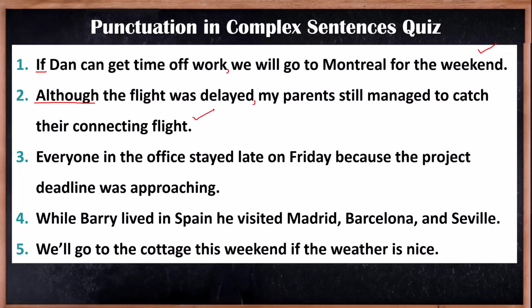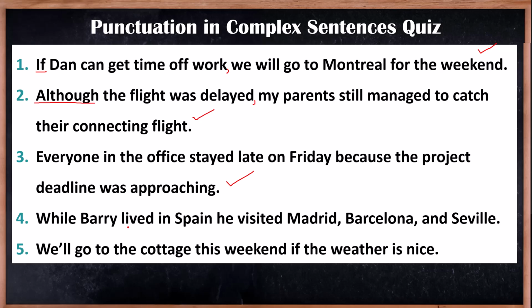And now it's correct. Number 3, everyone in the office stayed late on Friday. Well, that is an independent clause. The dependent clause is because the project deadline was approaching. So number 3 is correct as it is. We do not use a comma after Friday since the sentence begins with an independent clause and finishes with a dependent clause.